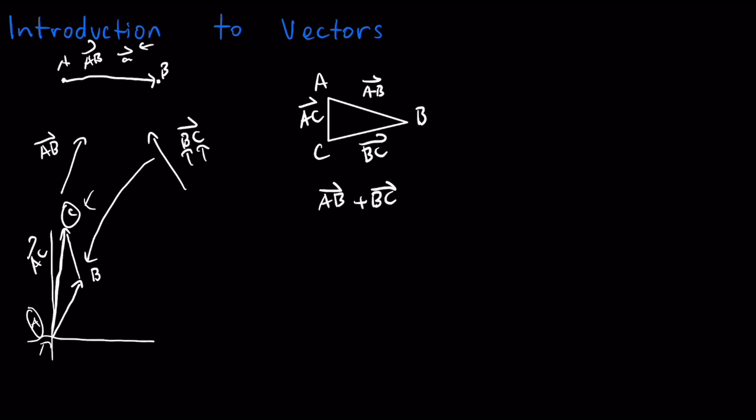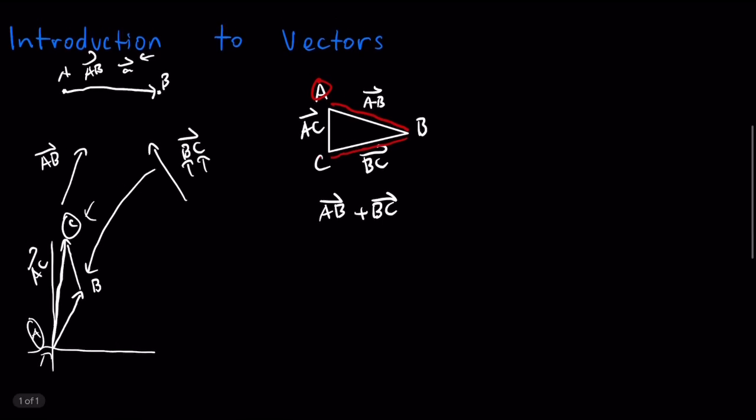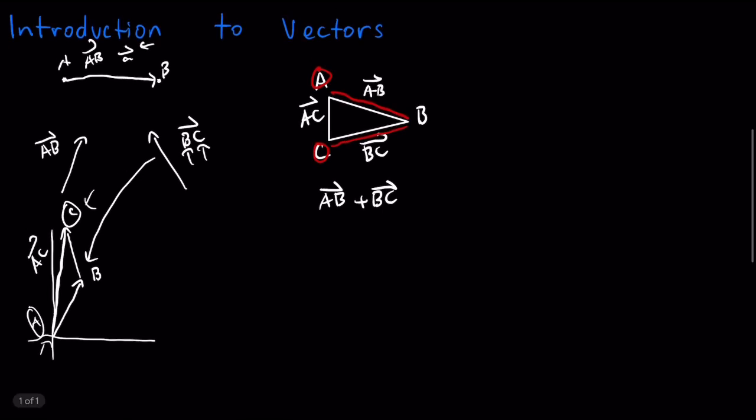Well, what do these vectors actually mean? Vector AB means we're starting from point A and going to point B. And vector BC means we're going from point B to point C. So as you can see, we started on point A and ended up on point C. Now, you may notice that this is the same thing as going directly from point A to point C, which would be vector AC.